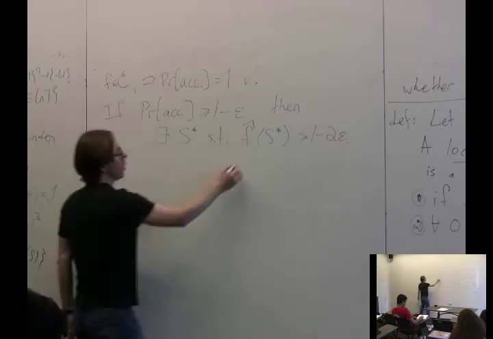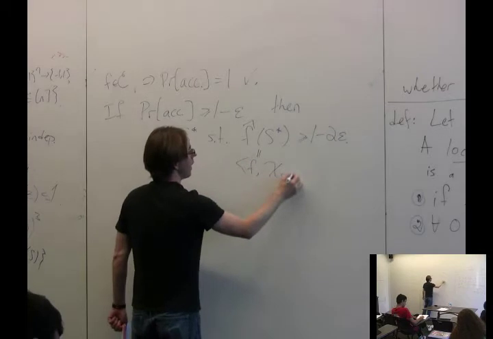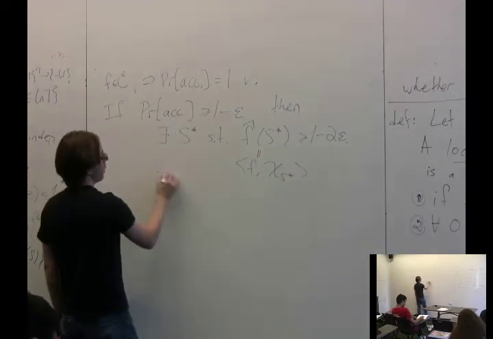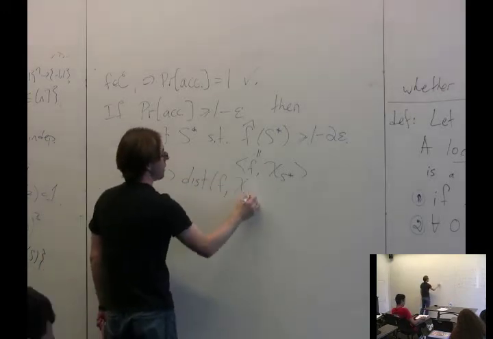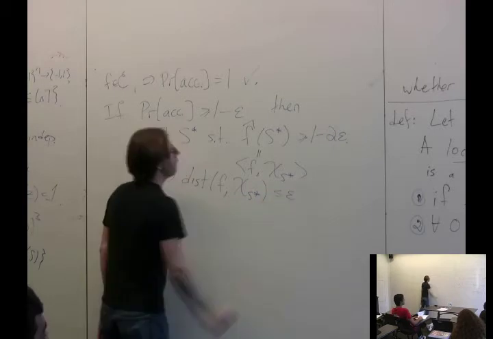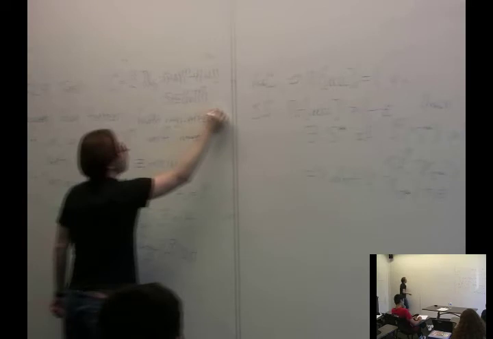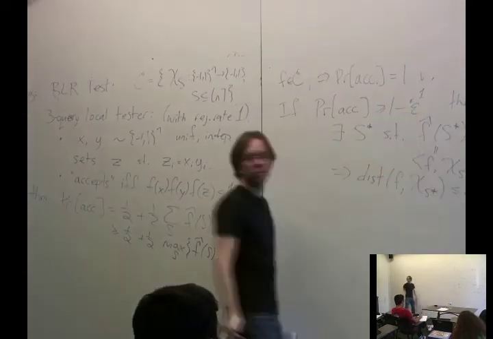This is the correlation of f with the parity chi_{s star}. So in turn, this implies that the distance of f from chi_{s star} is at most epsilon. In particular, this is a 3-query local tester with rejection rate lambda equal to 1, because really I could put a 1 times in here.